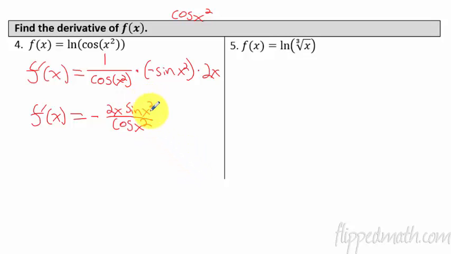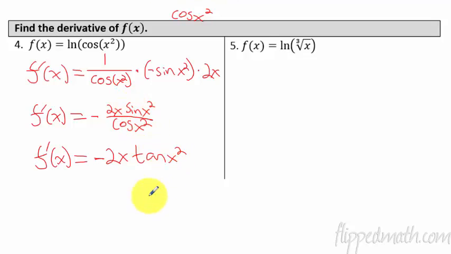We have sine x squared over cosine x squared. Oh, can you remember your rules of trig identities? Sine over cosine is tangent. So the answer to this is negative 2x tangent x squared. Done. That is the answer.